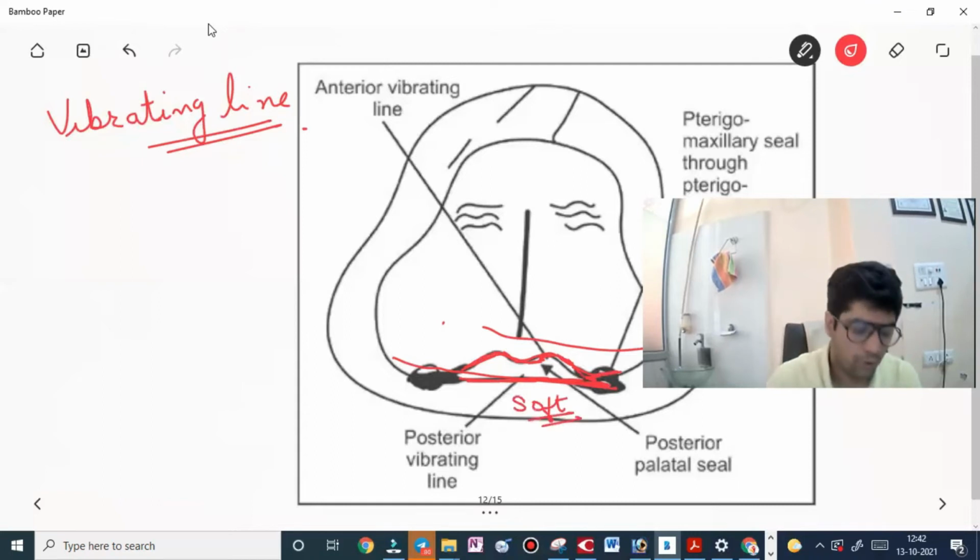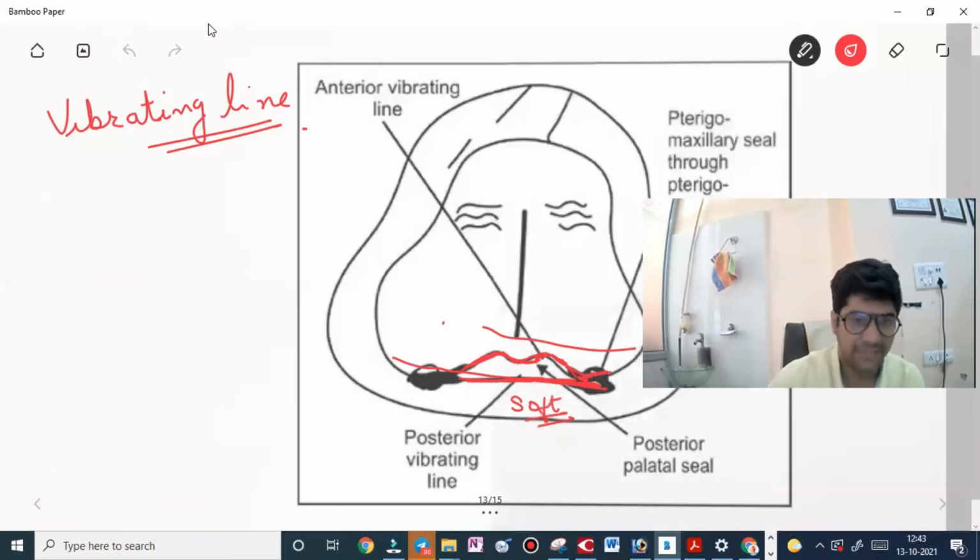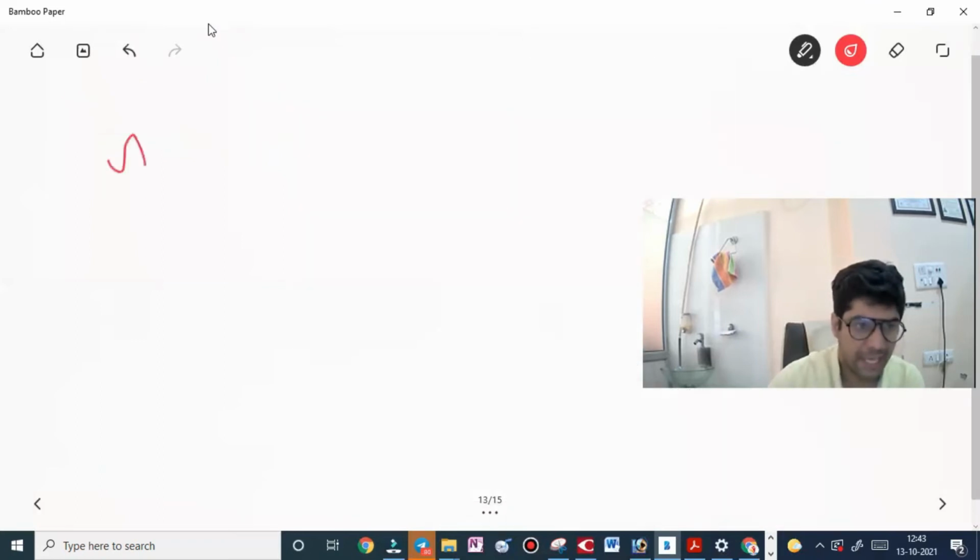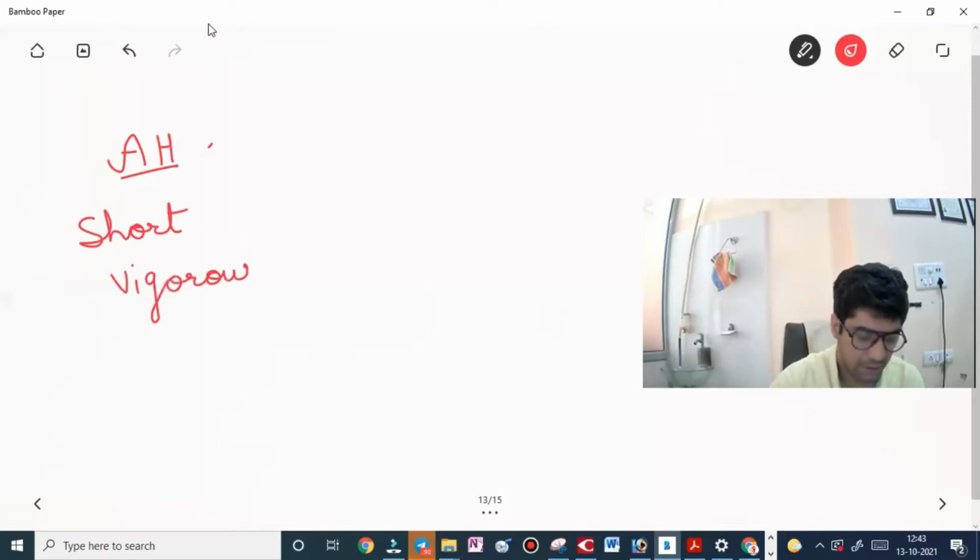So how will you locate the anterior vibrating line? In order to locate the anterior vibrating line, the patient is instructed to say ah with short, vigorous bursts.